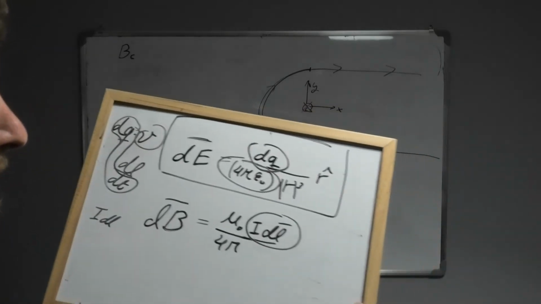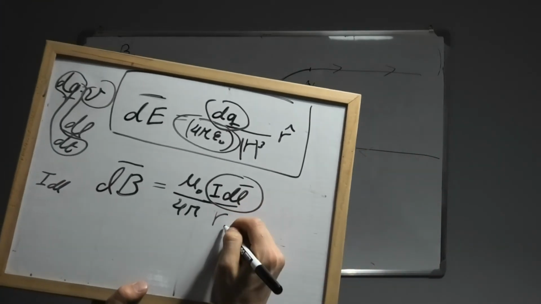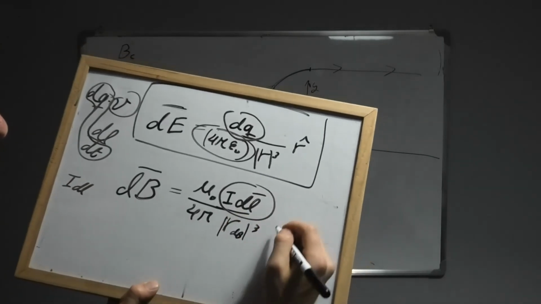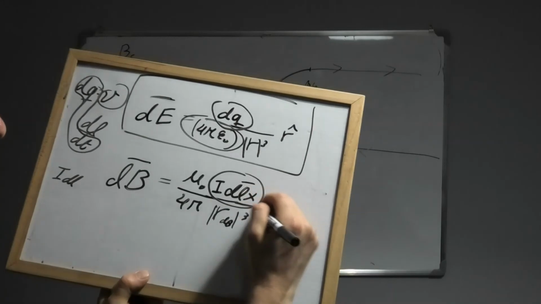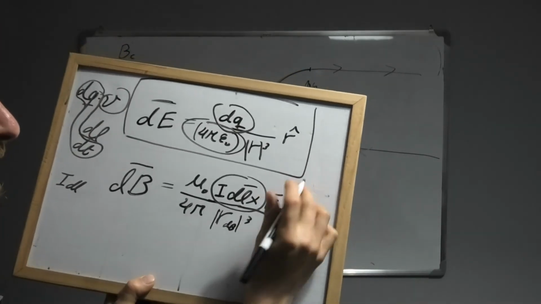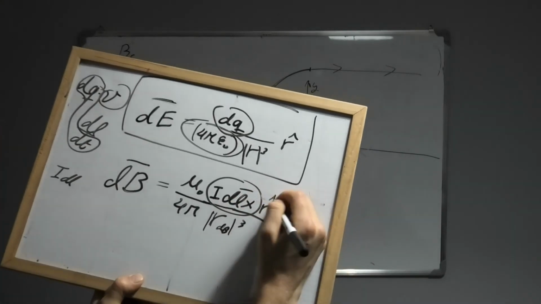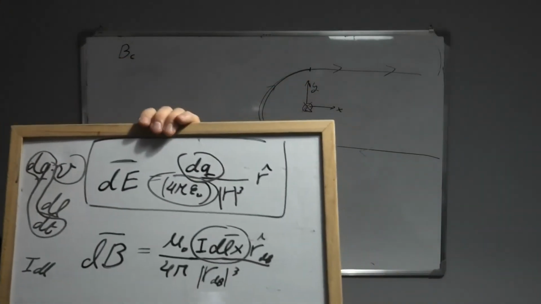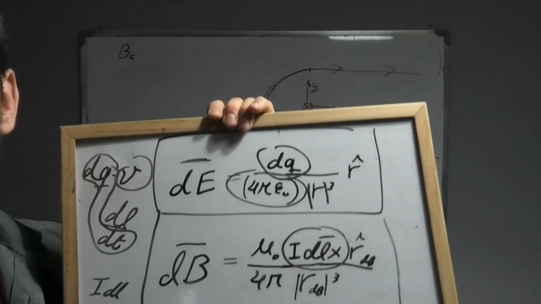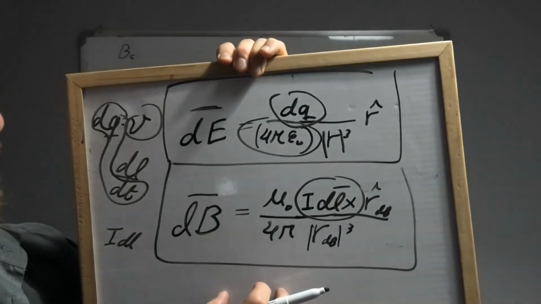So I dl, and down there I have r, I'm going to call it r, in the power of 3, and here dl cross r, as we have, okay? So it's the same concept, you see? You see how similar it is to the electric one? So this is the concept I want you to keep in mind.